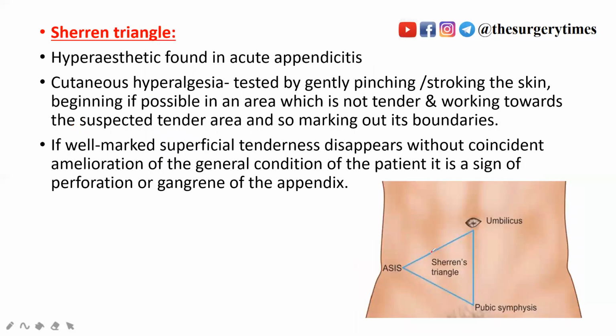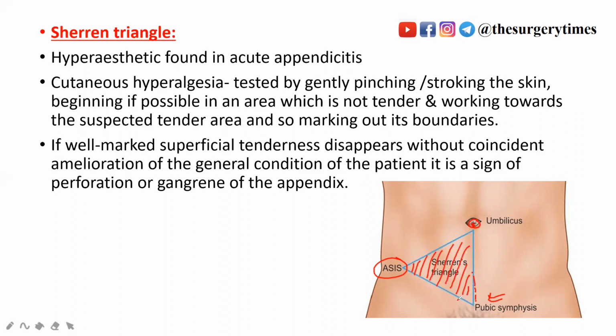Next is Sereni triangle. It is very familiar to all of you. The 3 points: one is umbilicus, one is ASIS, one is pubic symphysis. The line joining forms the Sereni triangle. Hyperesthesia in case of acute appendicitis as well as cutaneous hyperalgesia is observed by stroking or gently pinching over the area of Sereni triangle.